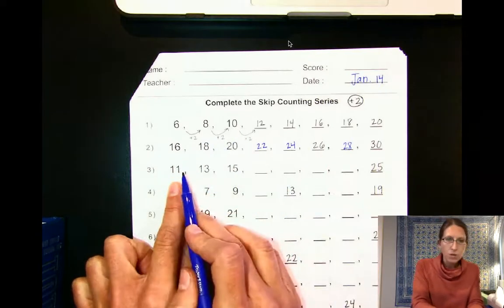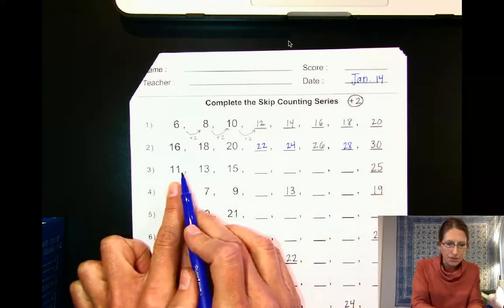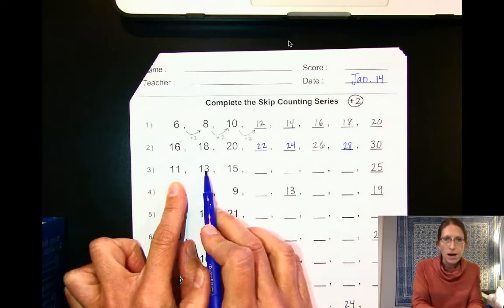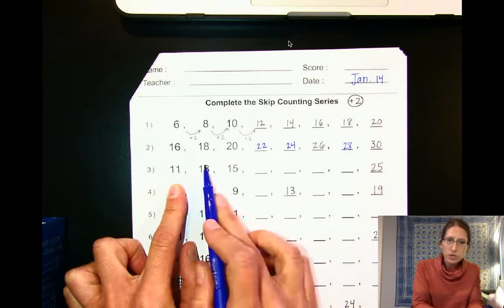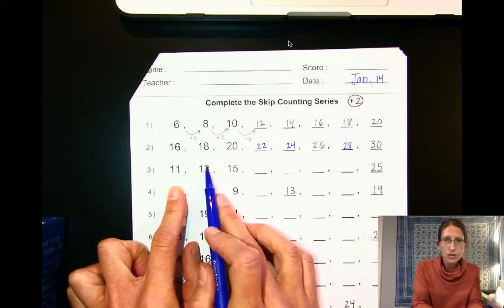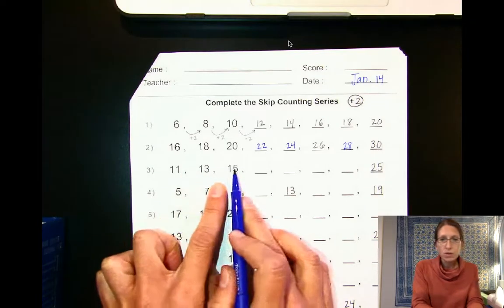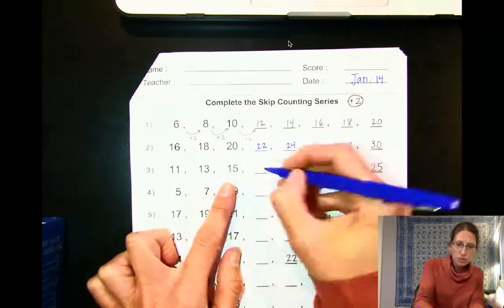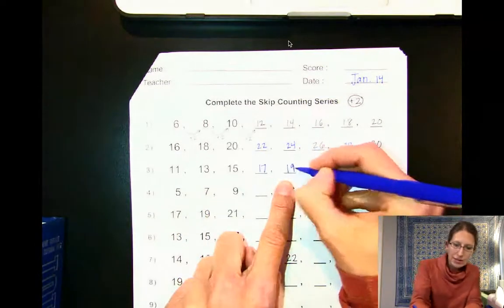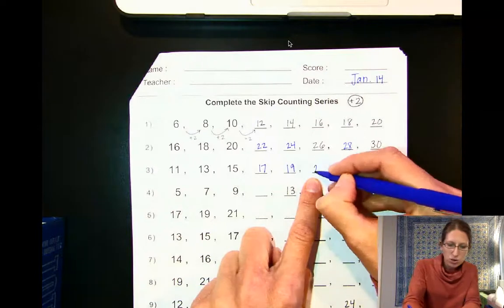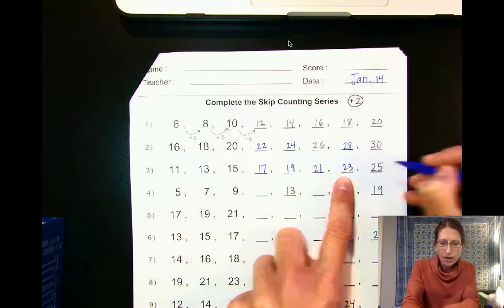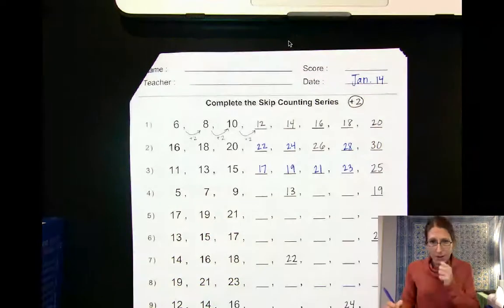Well, now we're starting with some odd numbers. 11 is an odd number, 13 is odd, 15 is odd, but we're still going to count by 2s. So it's sort of like 11 plus 2 is 13, 13 plus 2 is 15, 15 plus 2 is 17, 17 plus 2 is 19, 19 plus 2 is 21, 21 plus 2 is 23, and then 25.